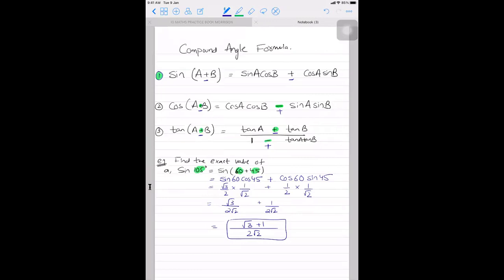Do you need time to copy anything down? Oh, yes, I'm copying the formula.